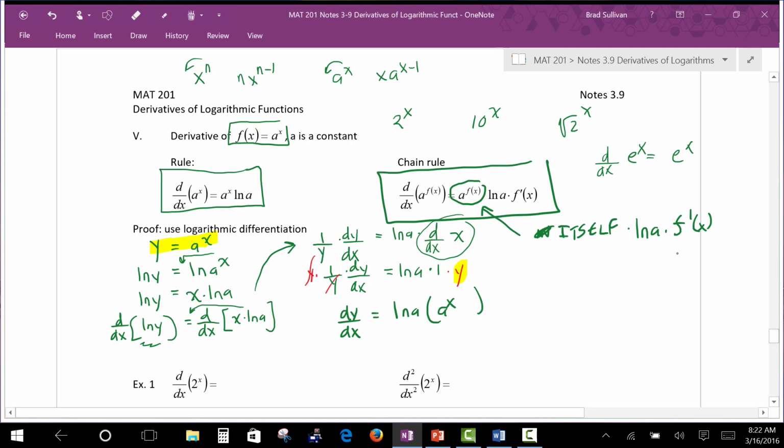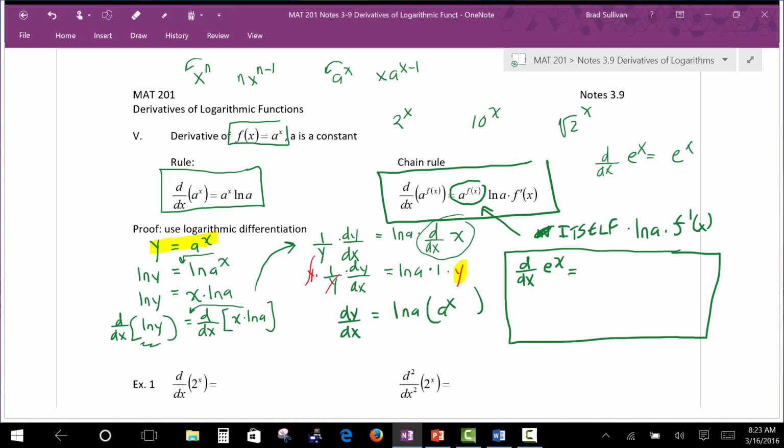Now, I do want to show you guys just one other thing on here while I'm thinking of it. If we were going to do the derivative of e to the x using this formula, you already know that the derivative of e to the x is e to the x. I'm not giving you a new way to learn this. But if we use this rule, you know what we would do? According to this rule, it would be itself times the natural logarithm of the base.